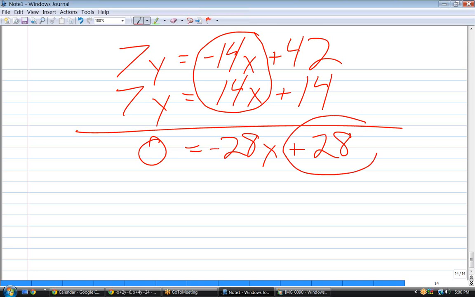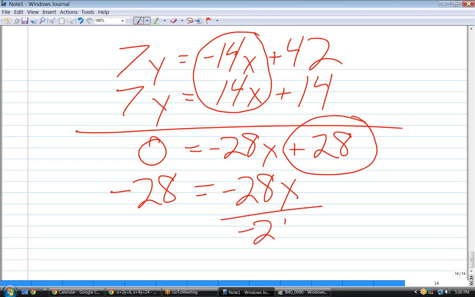Right now, 28 is being added. So I got to do the opposite of that. I got to subtract 28 from both sides. That leaves this. Now what? Then you just divide by minus 28. Now what does x equal? X equals 1. Exactly.